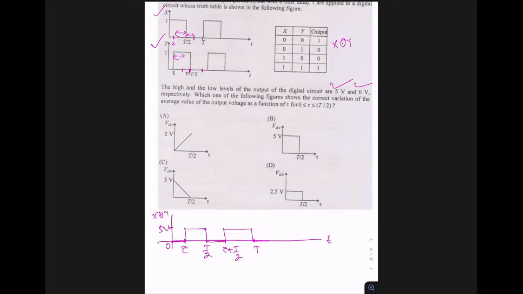So if I say X XNOR Y is equal to Z, then Z average is equal to the area over one period. So area is 5 into the width, which is tau minus T by 2, divided by the time period. What is the time period, if I ask you? The time period is basically T by 2.